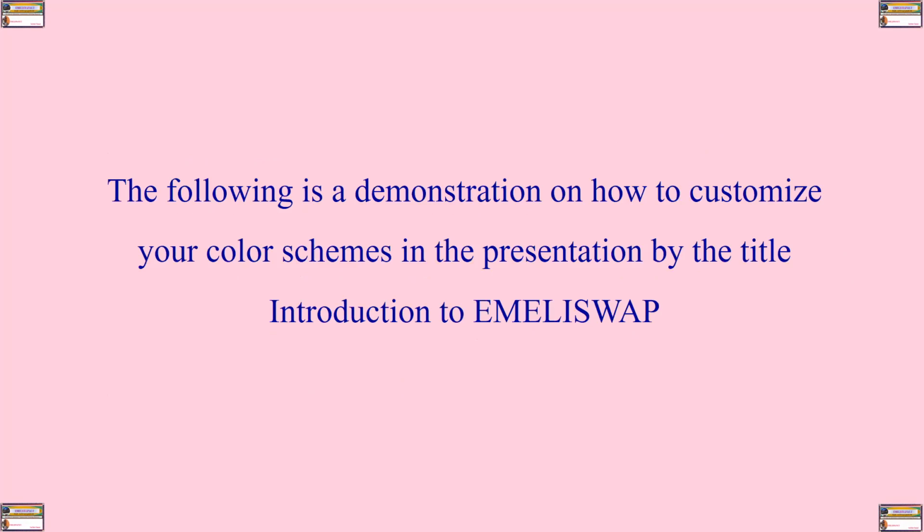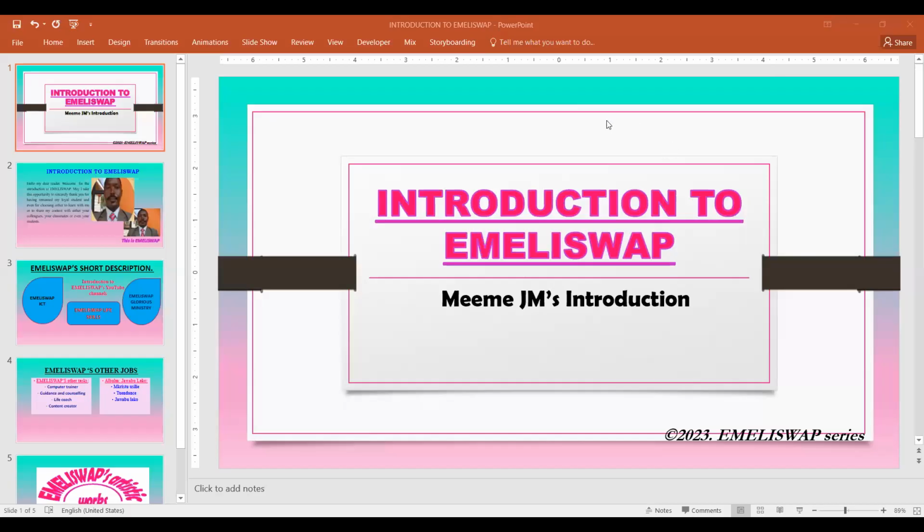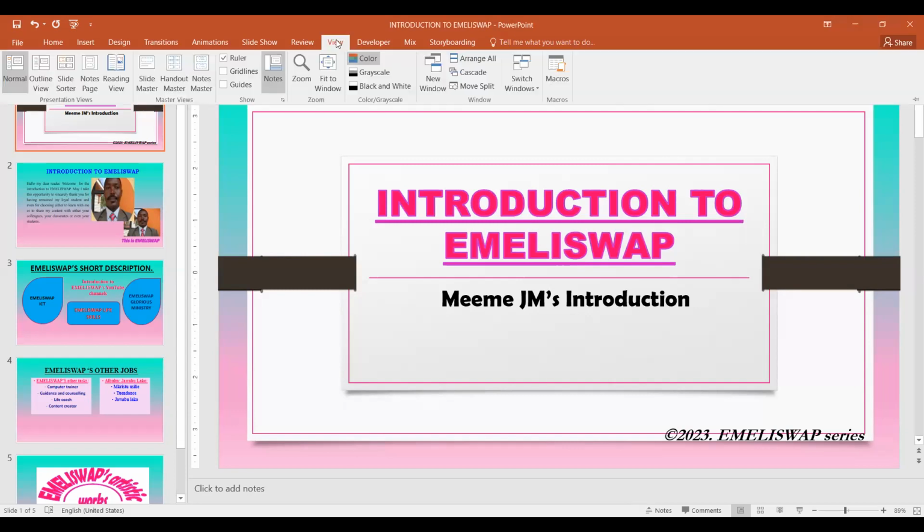The following is a demonstration on how we can customize our color schemes in our presentation titled Introduction to ML Swap. So in this presentation, for us to be able to come up with our own color scheme, you click on the view menu, and then you click on slide master.